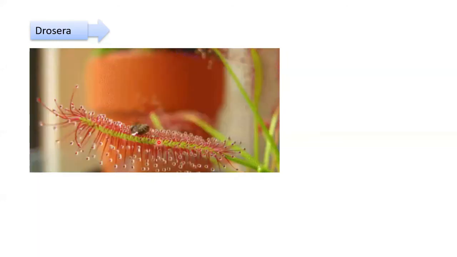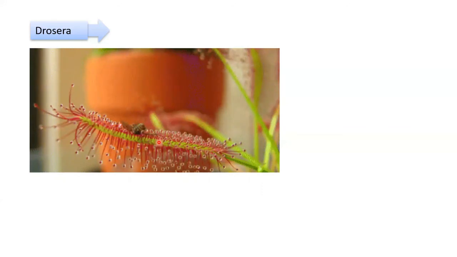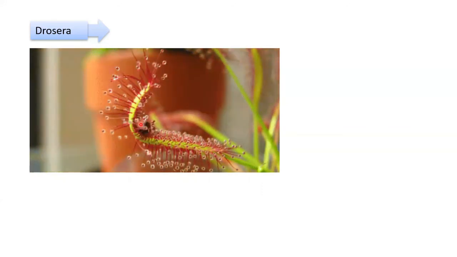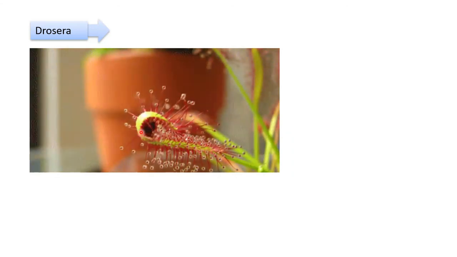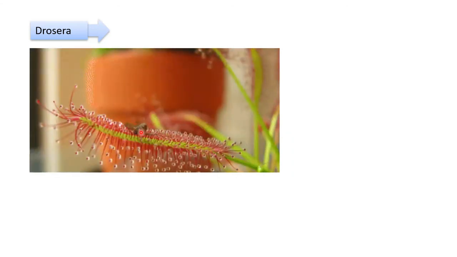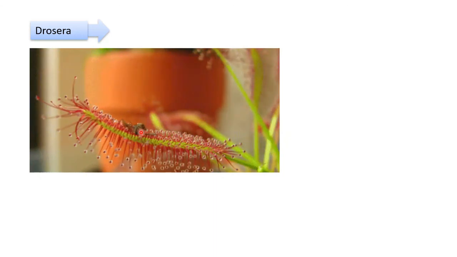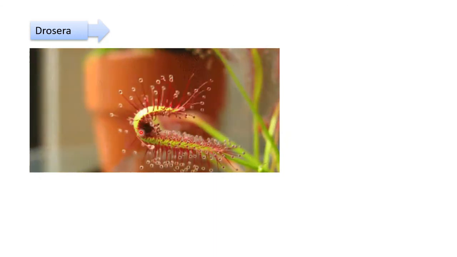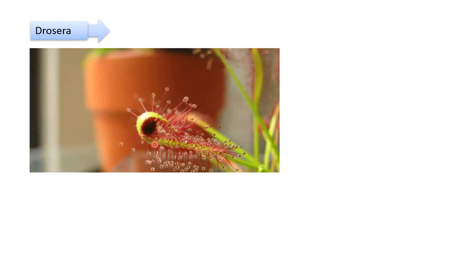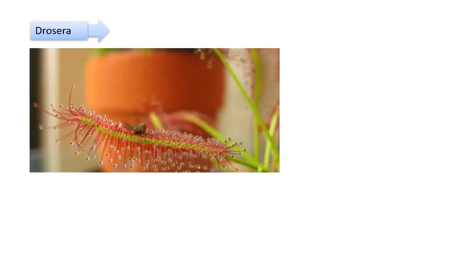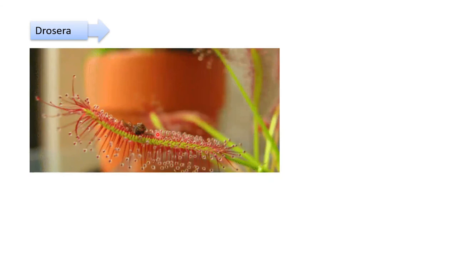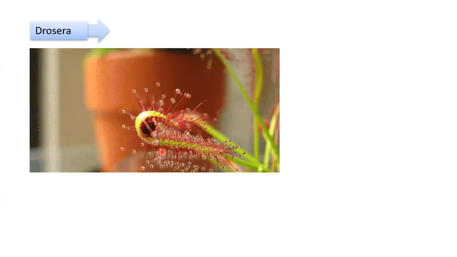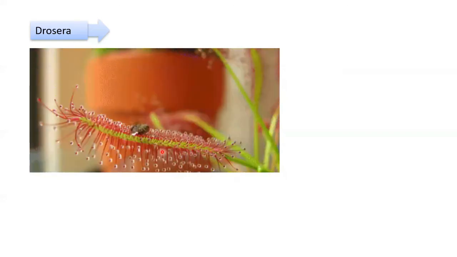As soon as some insect settles down on its leaf, the insect will be stuck on it because of the sticky enzymes, which will not allow the insect to fly again. And once that happens, Drosera will fold over that insect and release digestive enzymes, which will digest that insect and take out all of the nutrients from it, right?